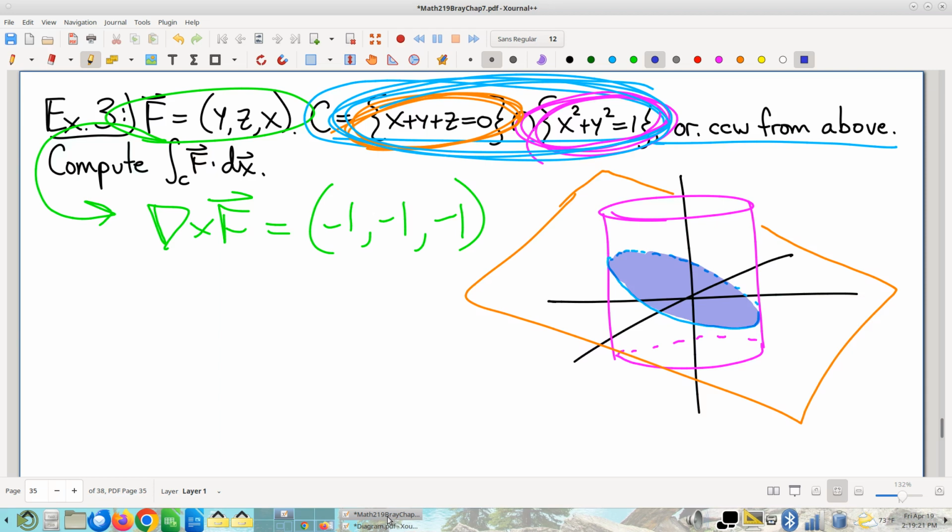Well, conveniently, this surface sits inside of this plane. That plane has this equation in which I can pretty easily solve for z. So I can graph parameterize that surface. That's not that bad, right?